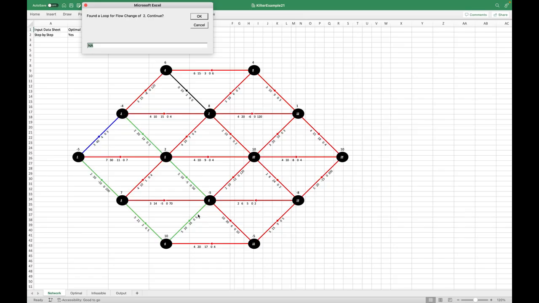It found a path here. And it's telling me I can change the flow by 2. Why 2? We needed 3, but this arc here is positive and the flow is 0. Positive means that the flow must be equal to the lower bound. So that's why I could only increase the flow by 2.